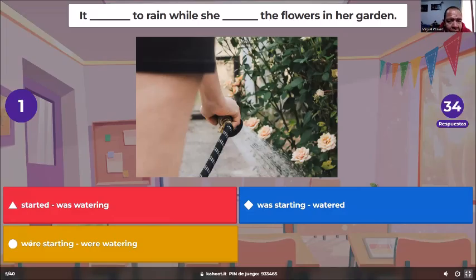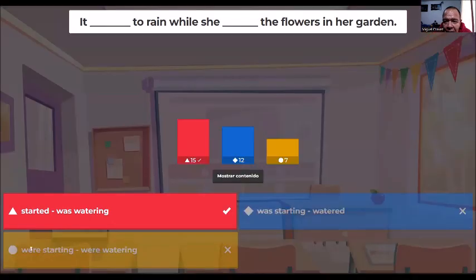It started to rain while she was watering the flowers in the garden. An action interrupts another one.